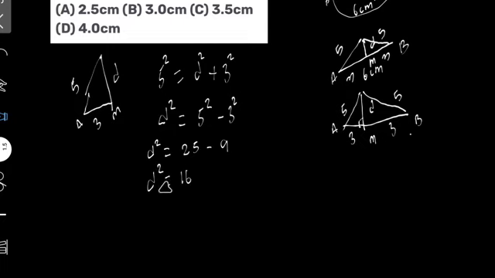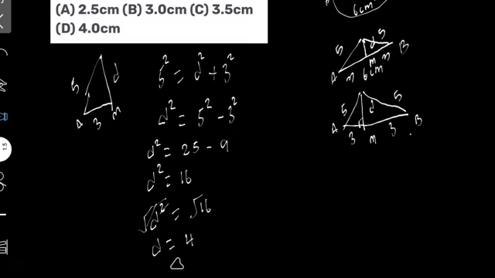Now to get the value of d, we take the square root of both sides. The square root of d squared is d, and the square root of 16 is 4. So d is equal to 4.